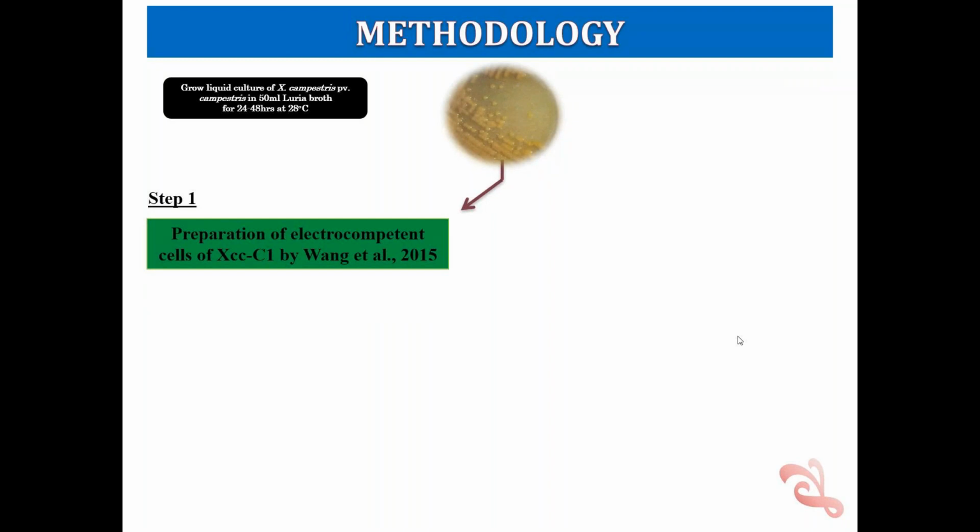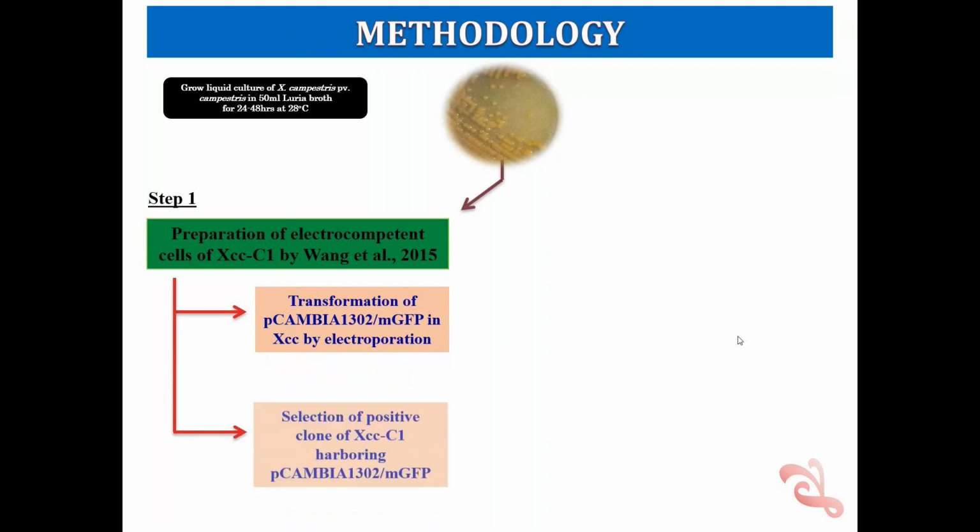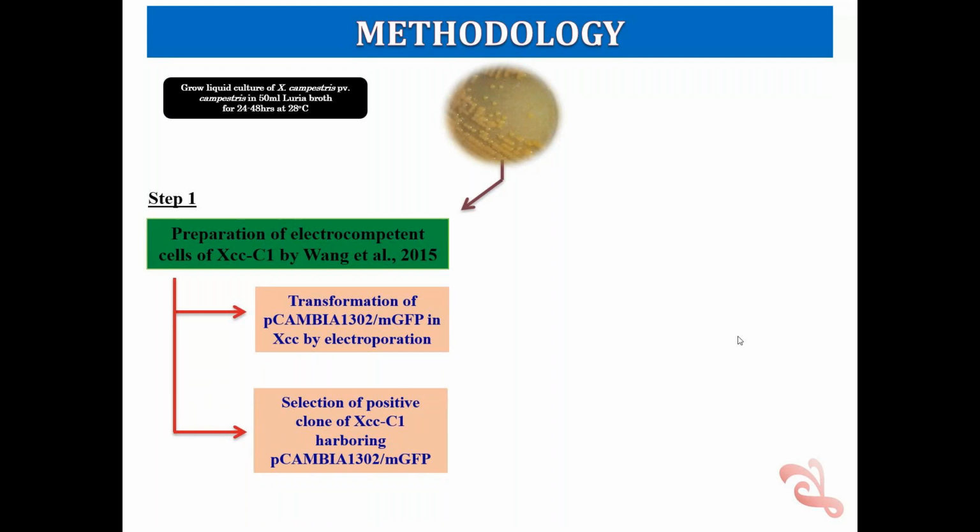Step one is the preparation of electrocompetent cells of Xanthomonas campestris by the Wong et al. method. In this step, we transformed the pCAMBIA 1302 harboring the mGFP gene into XCC by electroporation, and then selected the positive clones of GFP expressing XCC cells.